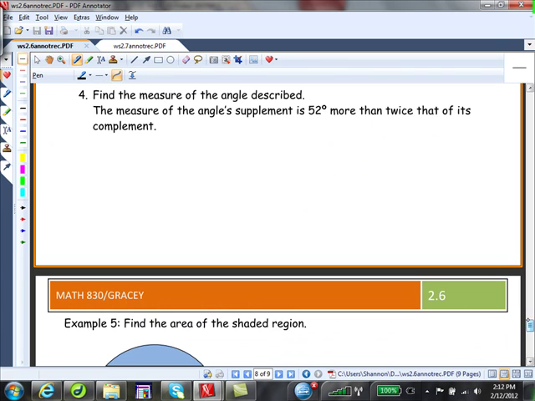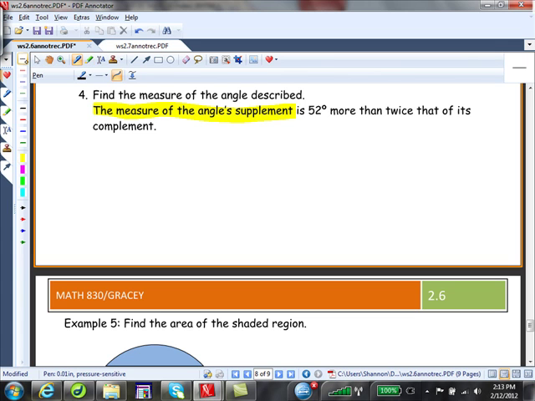All right, next up, the measure of the angle's supplement is 52 degrees more than that of its complement. So here we go. The measure of the angle's supplement. Do you remember that when we isolated x, when we were finding the supplement, we really were doing 180 minus the given angle, right?